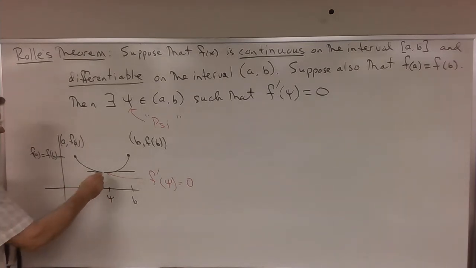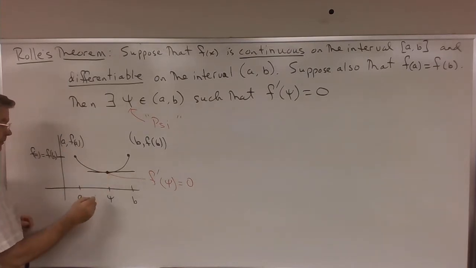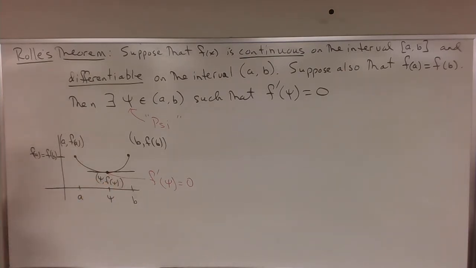And clearly, just from the drawing, we do have a horizontal tangent somewhere between f of a and f of b. So if the function's differentiable, we're guaranteed that this happens.